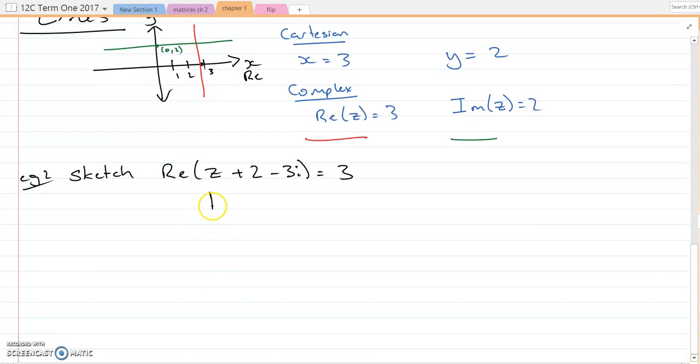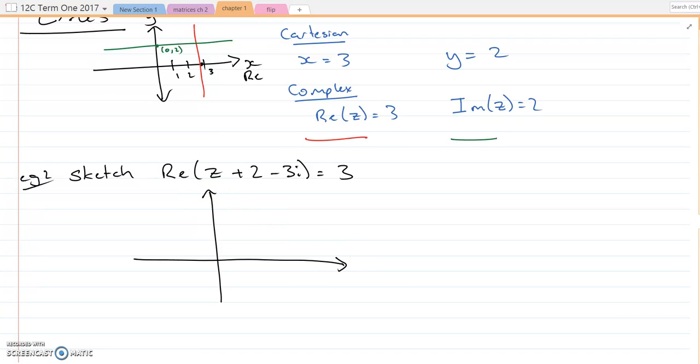This would normally be a line that goes through 3. This would be the original line, real of z equals 3.